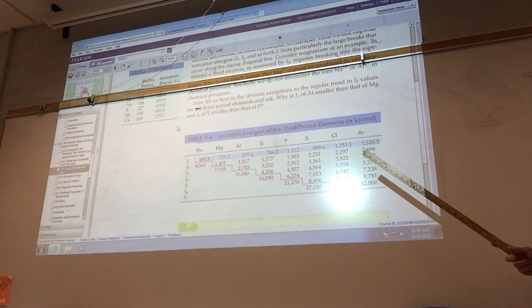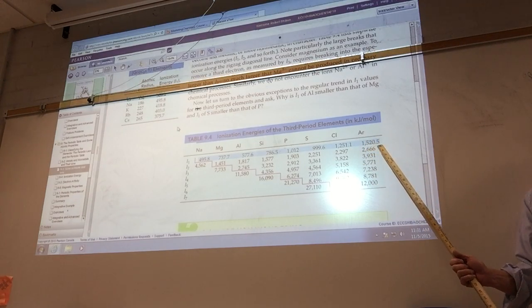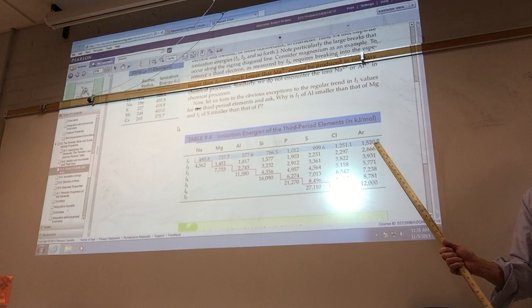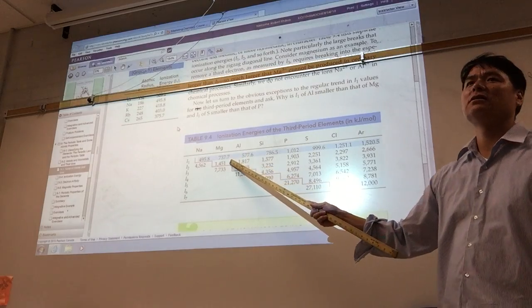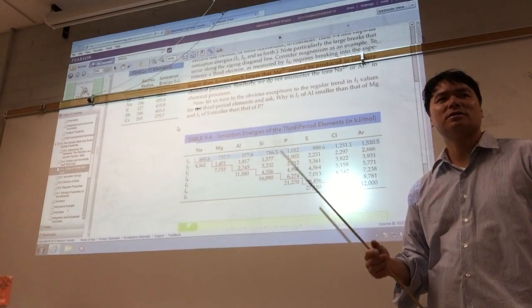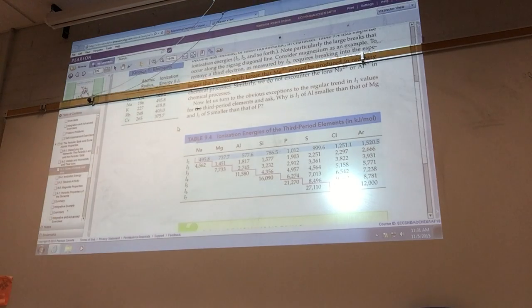Argon has a very high ionization energy, extremely high, 1500. That ionization energy on argon means argon's very unreactive. Well, it also has to do with the stability of what you can form afterwards. And so that's something about the successive ionization energies here.